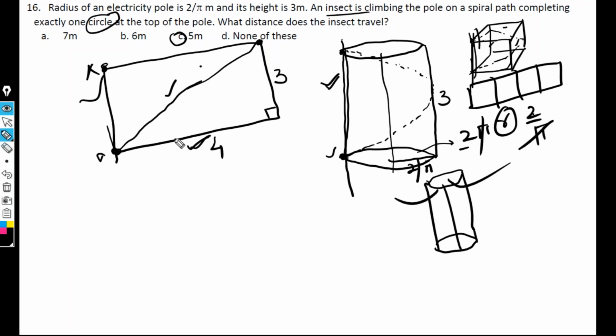Pranshu, my base here is equivalent to the length of the circumference when you are opening it, right? The length of the circumference in this case is 2 pi r, and the radius is given to you as 2 upon pi. So pi gets cancelled out, 2 into 2 is 4.